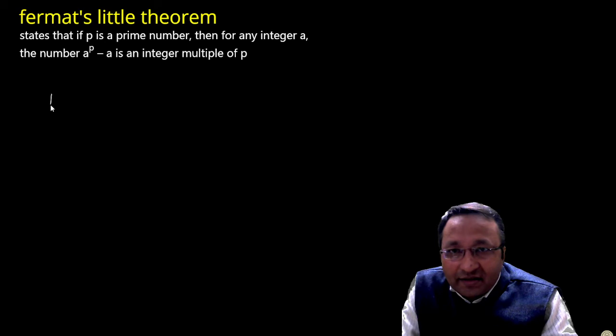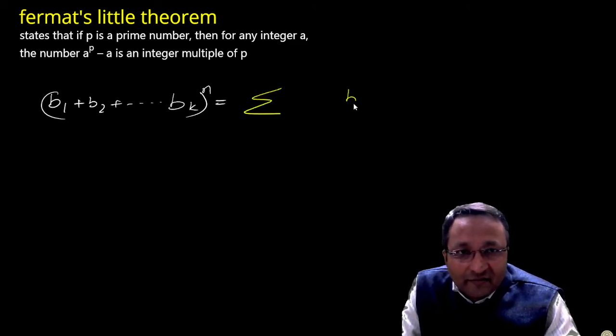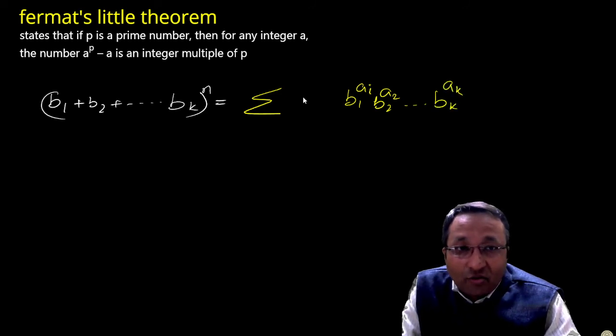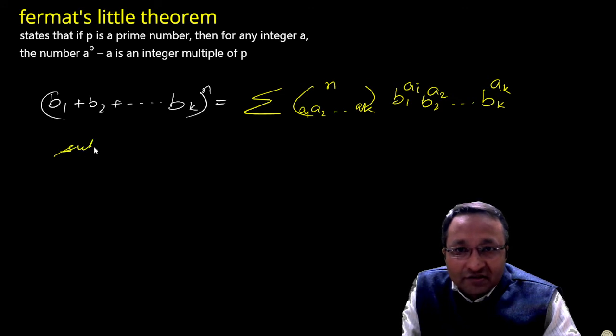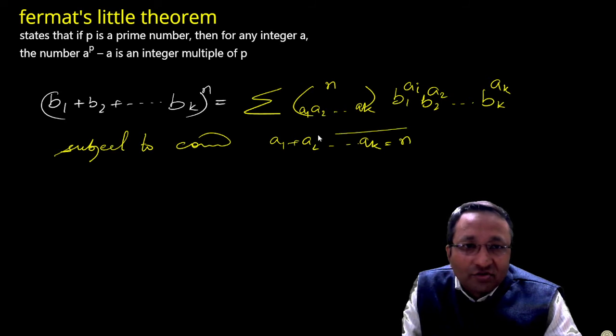I take b1 plus b2 plus dot dot dot bk, raised to n, and if I expand this, as a formula I get the summation of b1 raised to a1 into b2 raised to a2, dot dot dot bk raised to ak, with a coefficient, and that coefficient is nothing else but n choose a1, a2, dot dot dot ak, subject to the condition a1 plus a2 plus dot dot dot ak is equal to n.